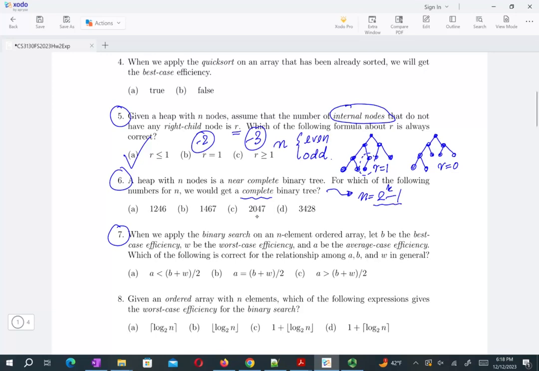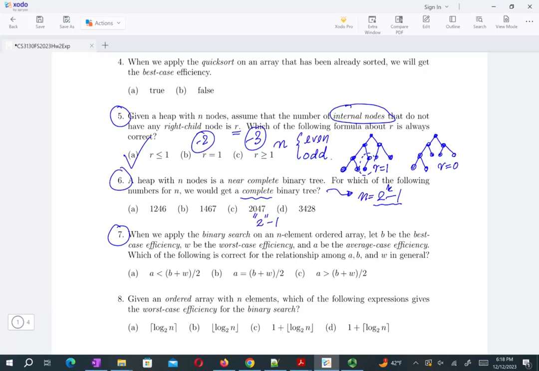And here, this number equals 2 to the 11 minus 1. So for other numbers, you don't have this property. But a few students didn't see this property, so they picked a random number.